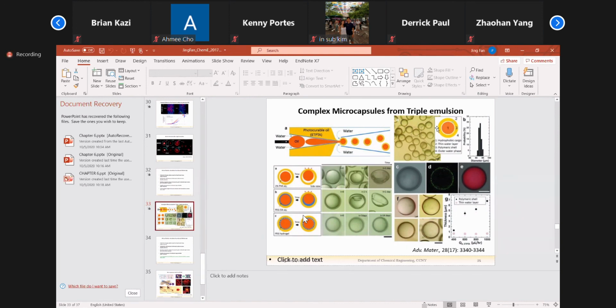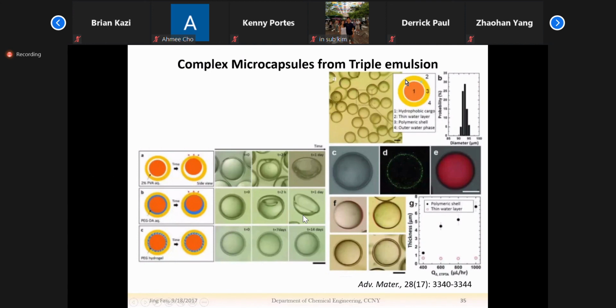So in this case, we have the perfume molecules encapsulated in the liquid core, the water-based core, number 1. And then we have a very thin hydrogel shell surrounding it, number 2 on this schematic. And then another, thicker polymer shell outside the hydrogel shell, number 3.